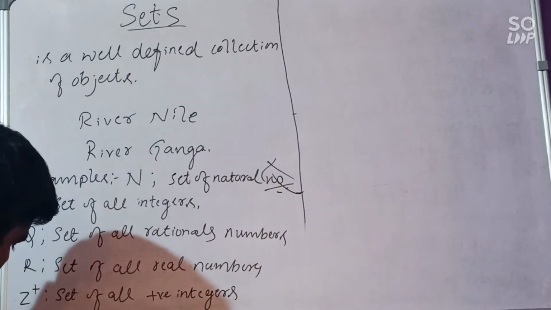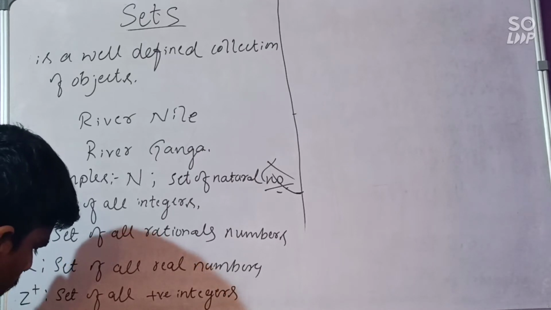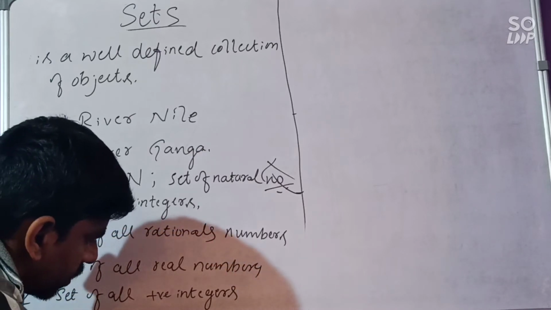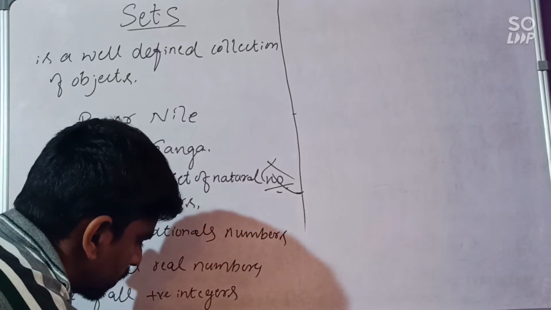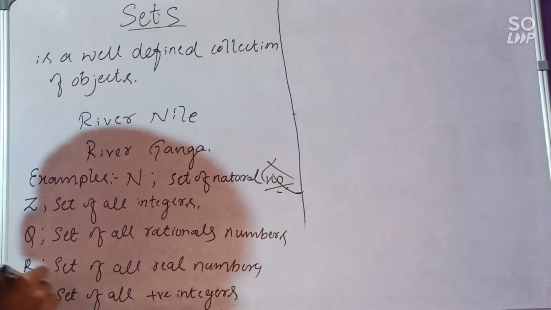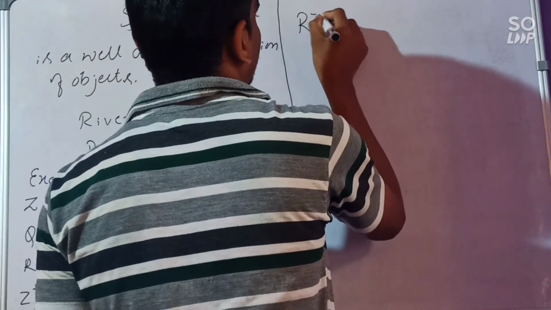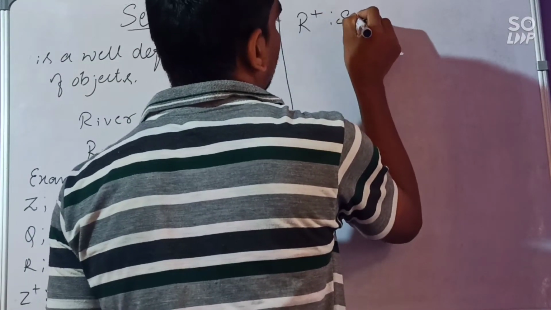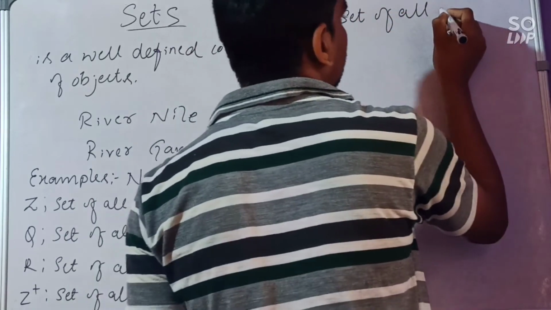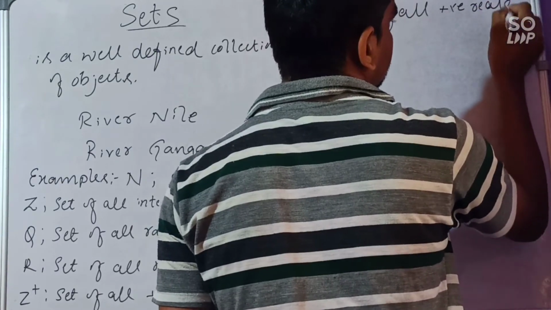Next, Q plus represents the set of all positive rationals. Next one, set of all positive reals.